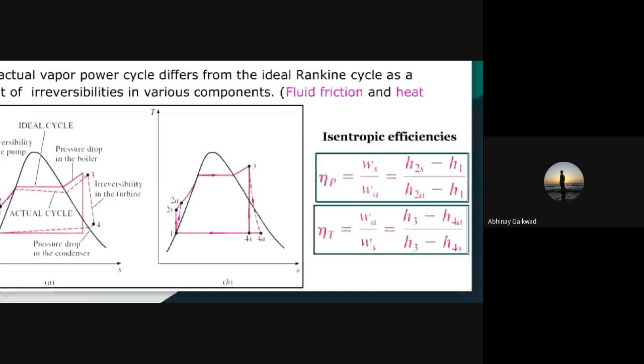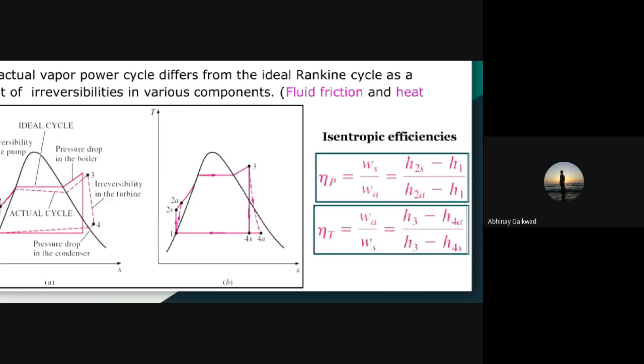Now how is this efficiency calculated? Very easy. In the actual case, what was the work input to the pump, and in the ideal case, what was the work input to the pump? The efficiency will be the work input to the pump in the ideal case divided by that in the actual case.